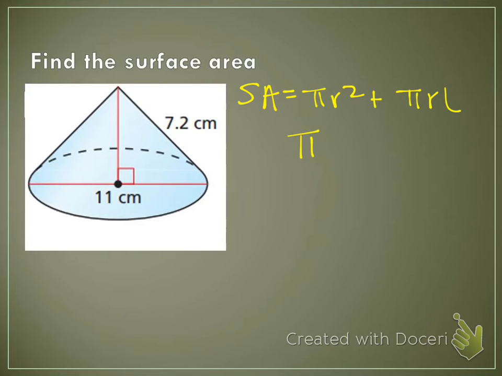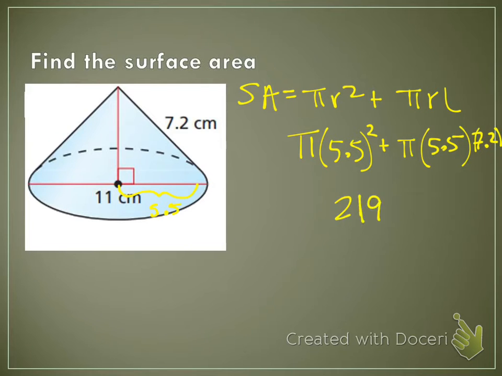Are we given the radius? No, but we need to find it. How do I find the radius? Divide by 2. It'd be 5.5. So 5.5 squared plus pi times 5.5 times 7.2. And you do end up with 219.33. And it is centimeters squared.